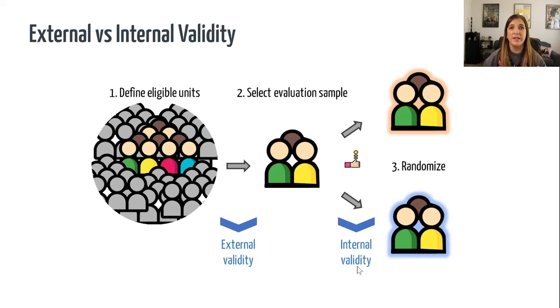You will be selecting just a mini version of the population that you want to make inference for. The main problem is that a lot of the time in field experiments, we use what is called a convenience sample.